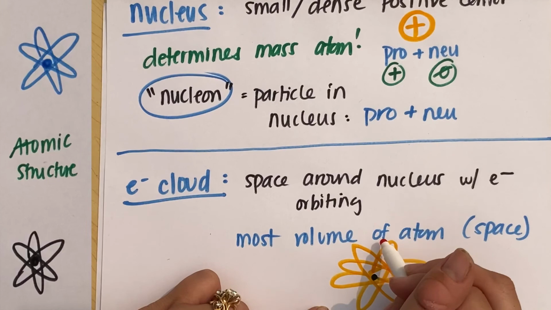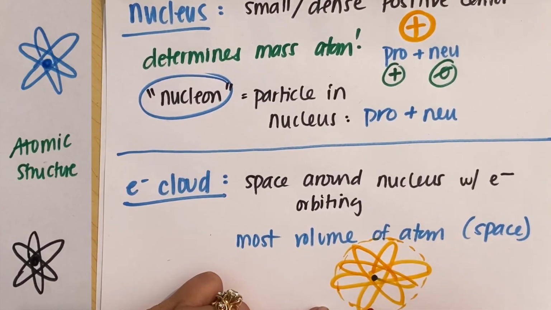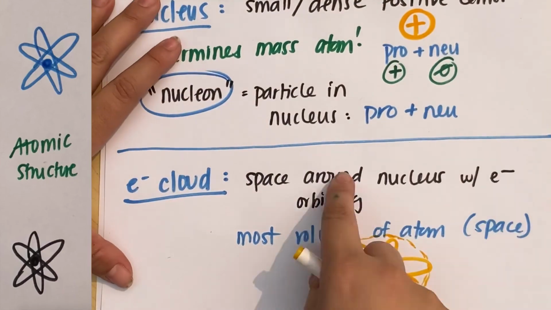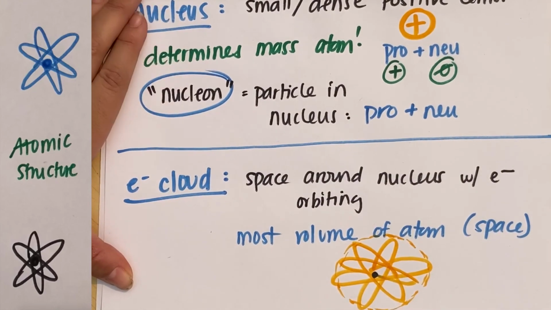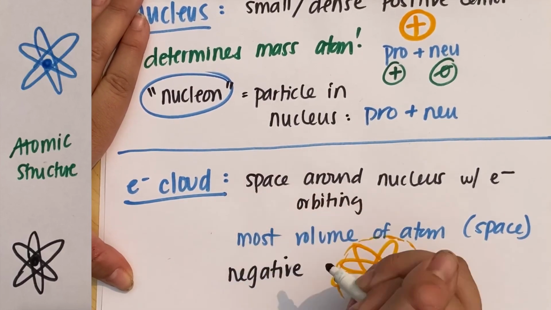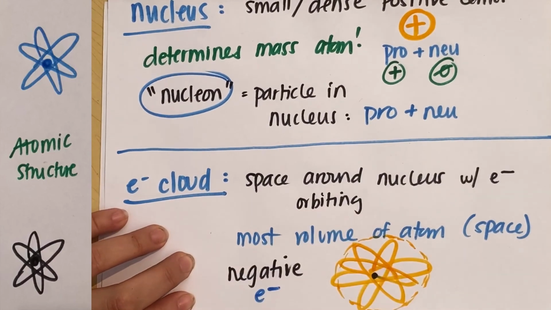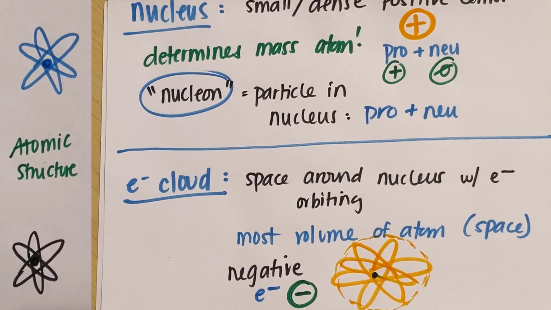But you can tell what takes up the most space of your atom is this giant electron cloud in comparison to your teeny tiny dense nucleus center. So your electron cloud takes up the most space, and it is negatively charged. It's negative because it has electrons, and electrons have a negative charge.